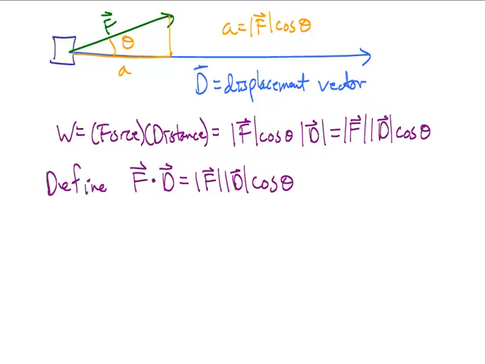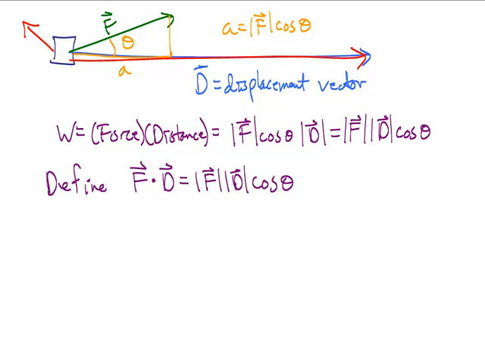Now, clearly your theta here has to be less than 90 degrees in order to have work being done. If I pull the object this way and I want to move it this way along D, well, that doesn't make any sense. In fact, what would we have then? We could think of it as a negative amount of work, because we'd actually be pulling the object in the opposite direction we want it to go.